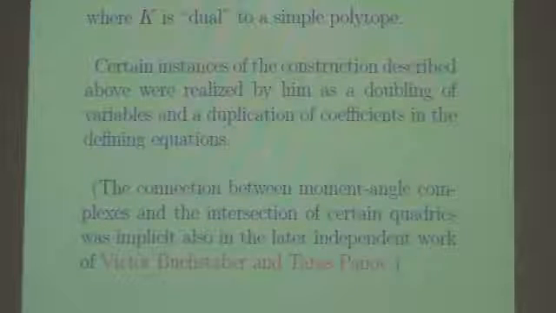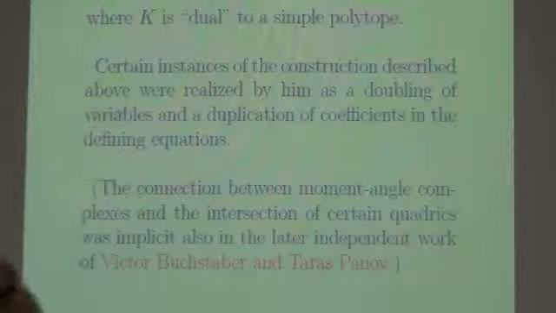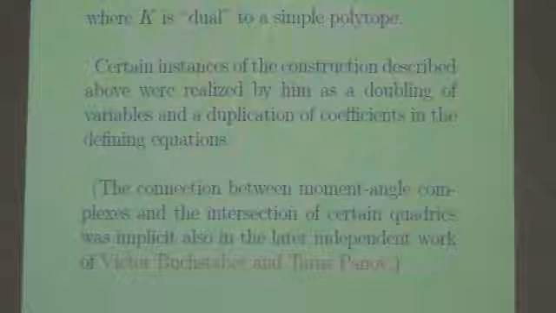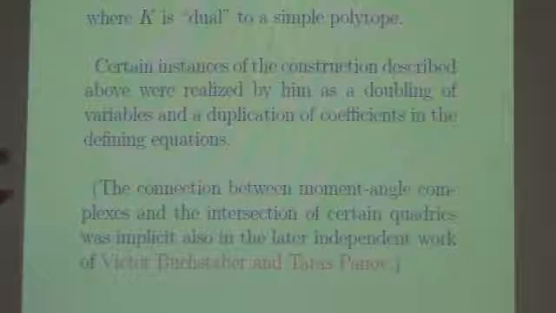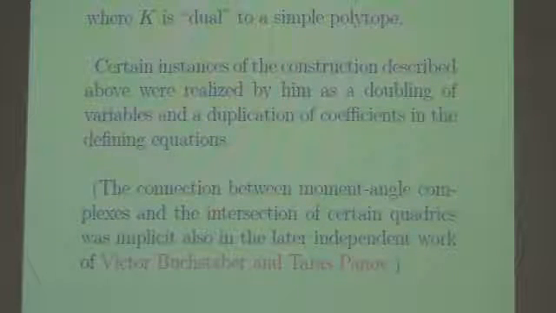Now, this J construction, in a certain instance when these are quadrics, and they're not always quadrics, only some real moment angle manifolds arise as quadrics, and they're connected sums of products of spheres. Well, if you double the variables and duplicate the coefficients in the quadrics, you get something like what we're doing here for 2, 2, 2, 2, 2. So this is a phenomenon that's been seen, although Santiago didn't know that these were related to polyhedral products or anything like that.